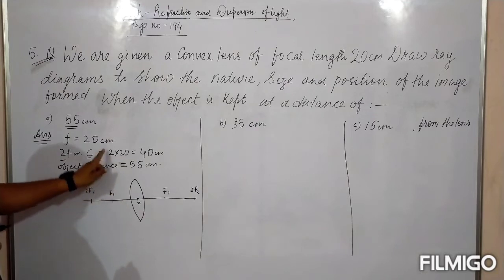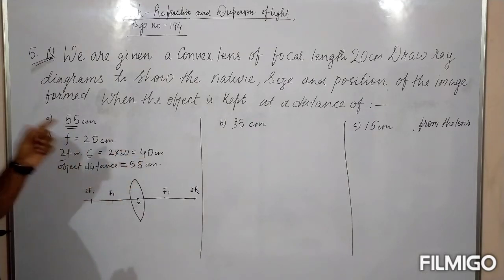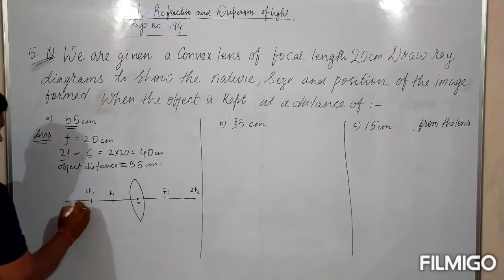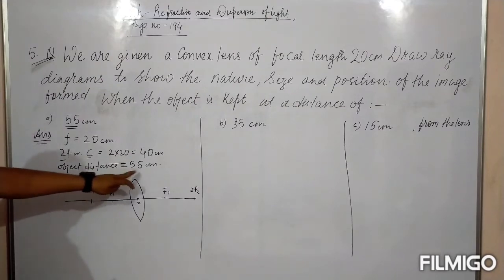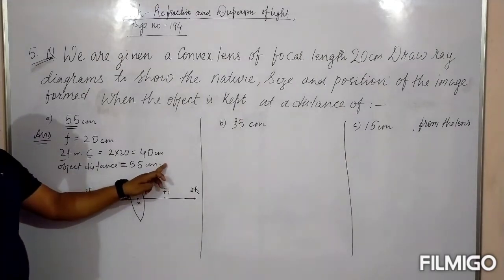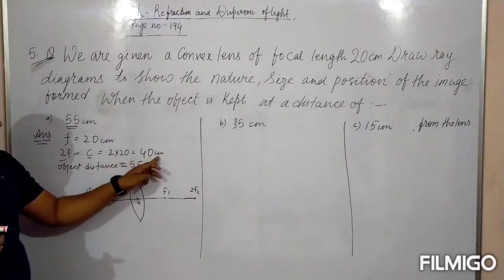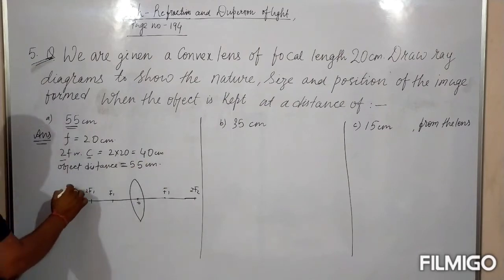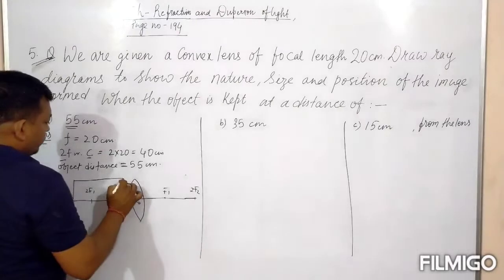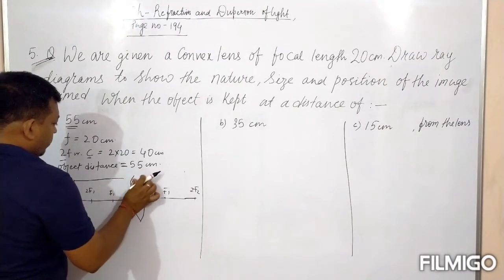Focal length is 20, 2F is 40, and the object is beyond 2F. Object distance is 55 cm and center of curvature is 40 cm, which means the object is beyond the center of curvature.